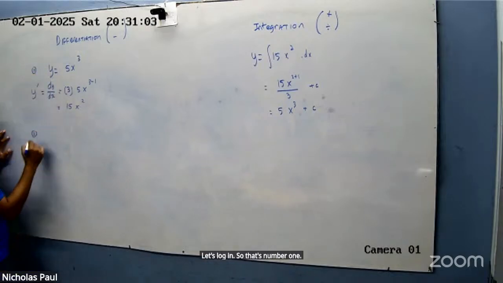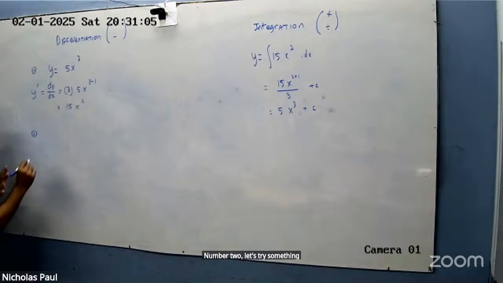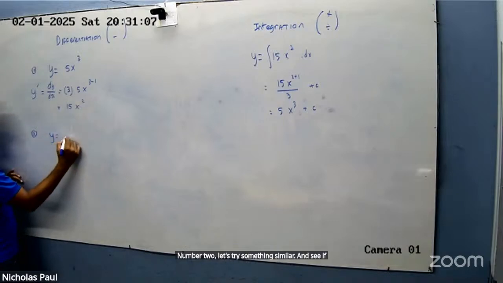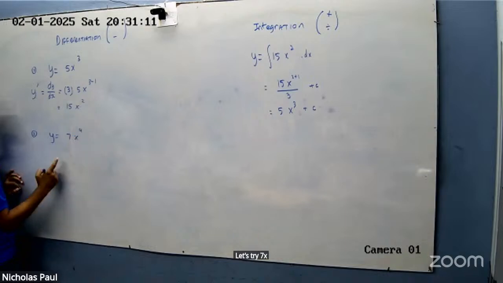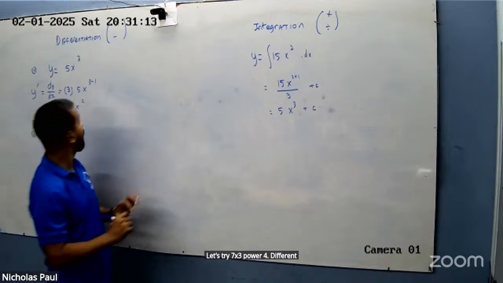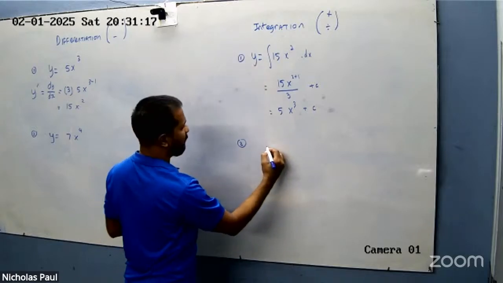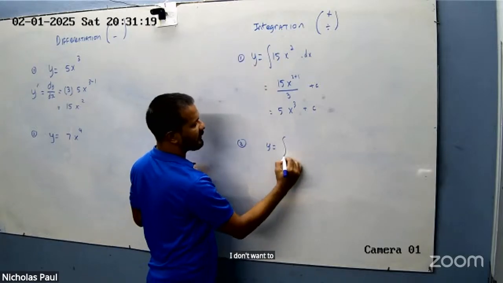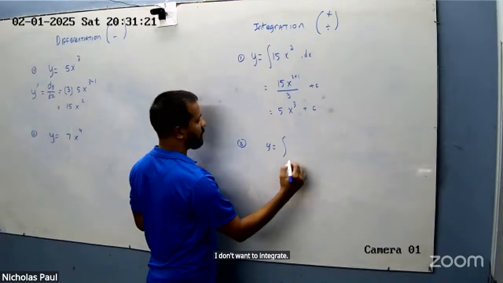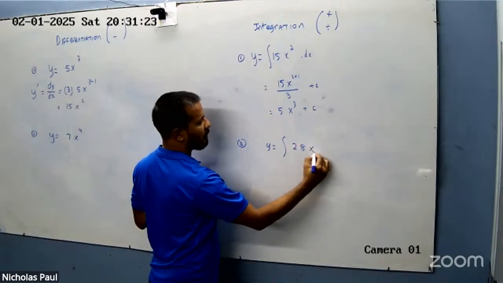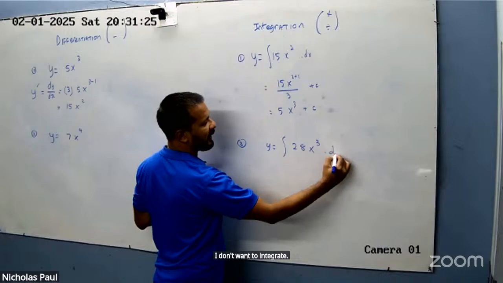Number two, let's try something similar and see if we can do it. Let's try 7x to the power of 4. Differentiate that. And I want you to integrate 28x cubed with respect to x.